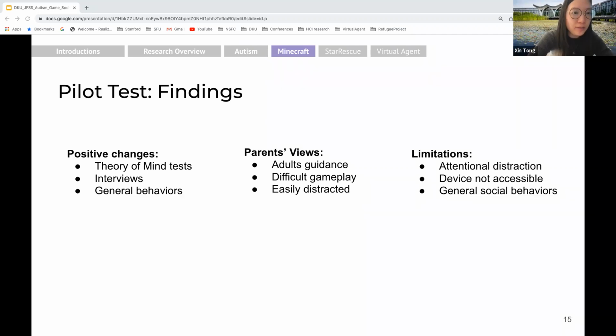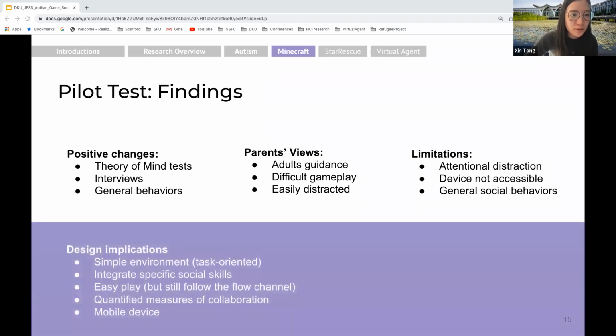And the social behaviors are still too general. It's more like what they have in everyday life, but not specific trained behaviors like sharing, initiating conversation, or turn taking. So those are some of the limitations that we observed.